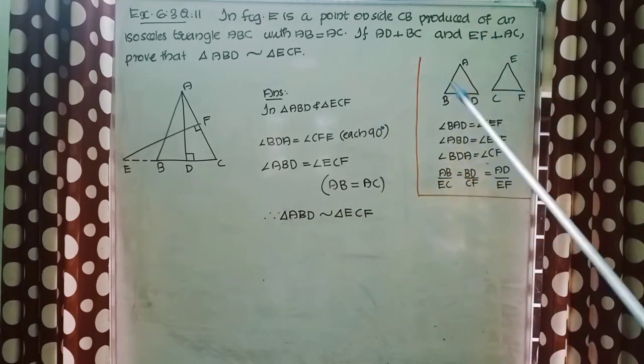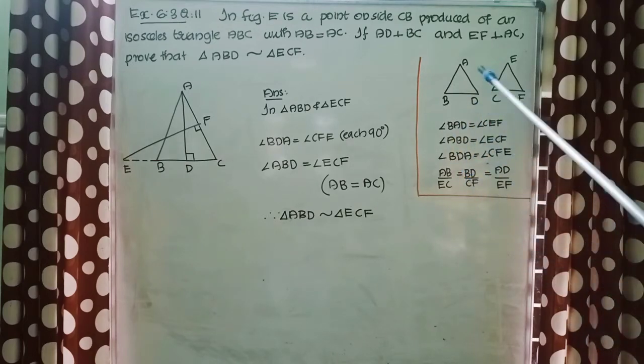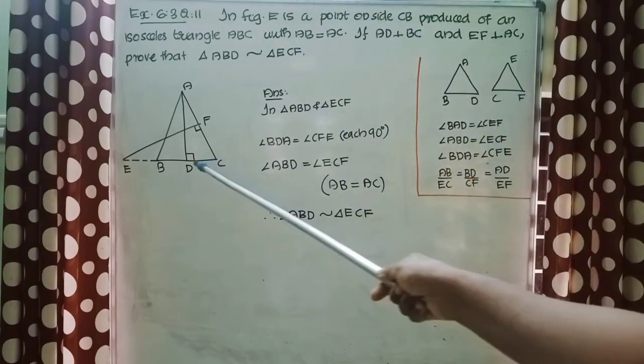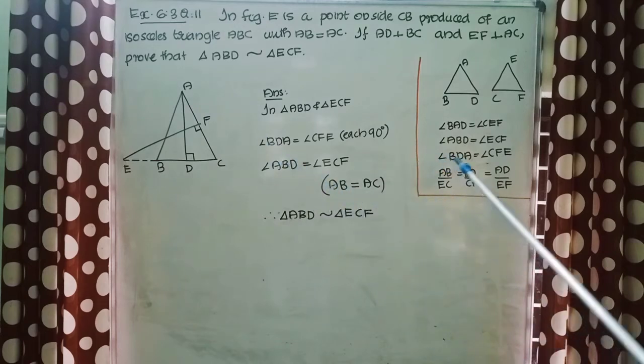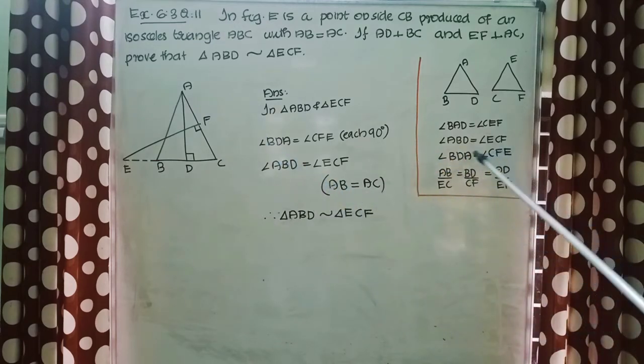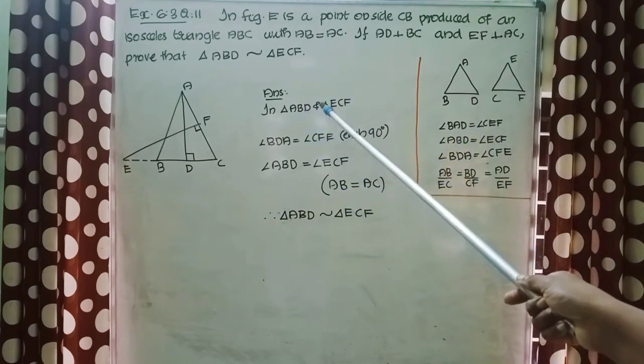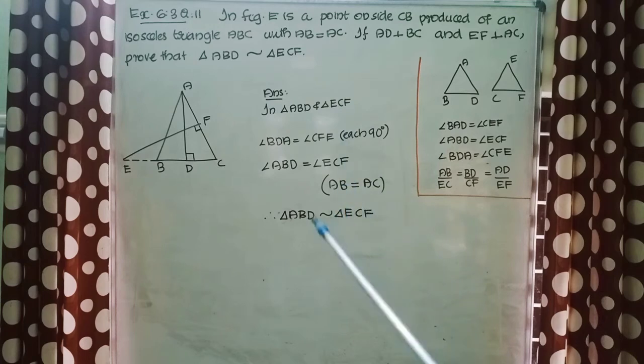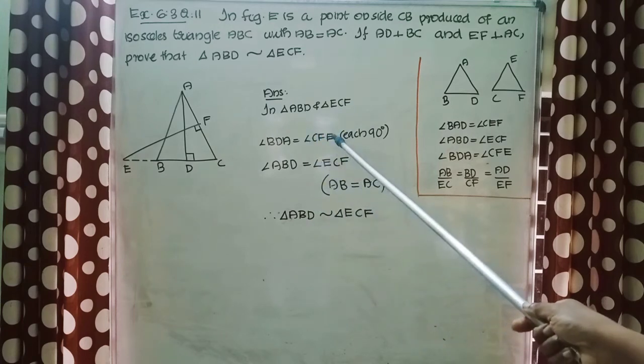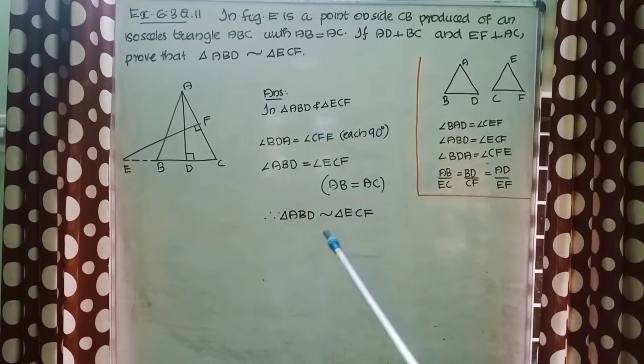Among these corresponding parts, you can see here angle D and angle F are 90 degrees. So we can take this condition: in triangle ABD and triangle ECF, angle BDA equal to angle CFE, each 90 degrees.